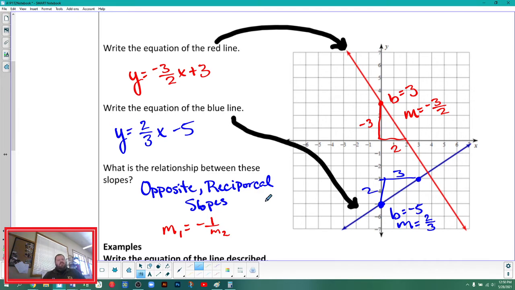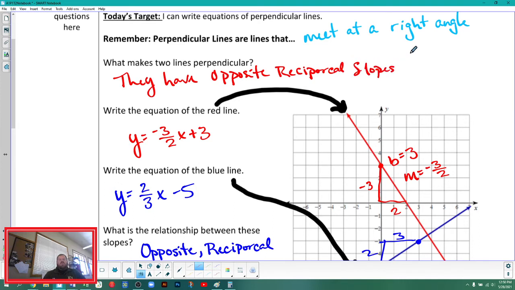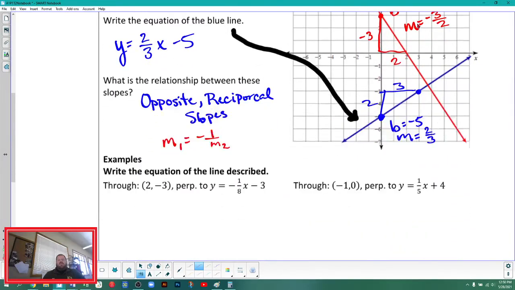It's easier to think about opposite reciprocal slopes. So that's what makes two lines perpendicular, that they have opposite reciprocal slopes. Okay, that's the requirement.